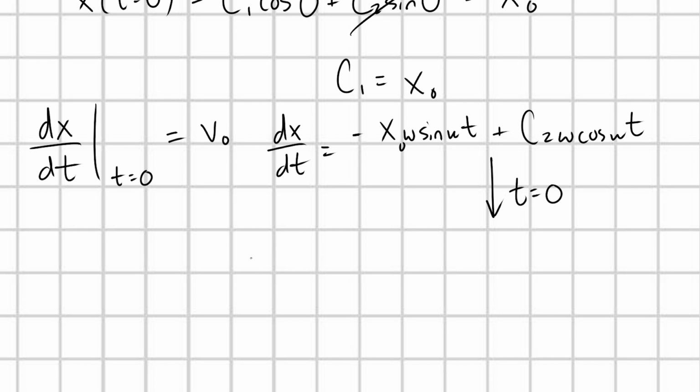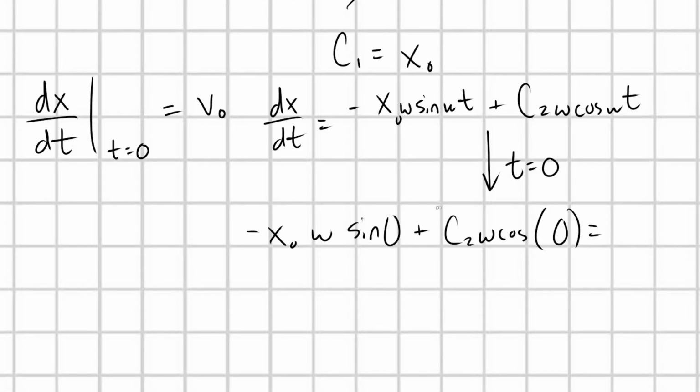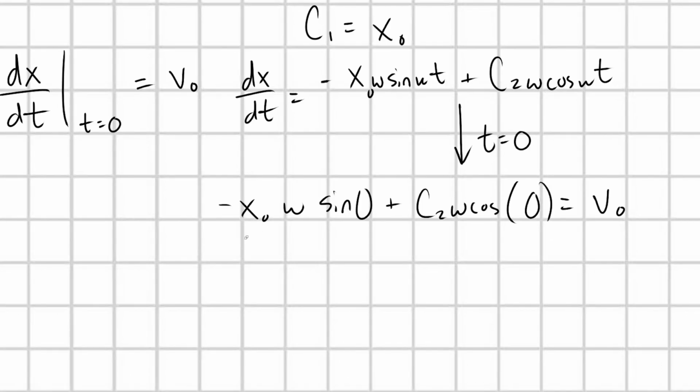And so we have minus x naught omega sine 0 plus c2 omega cosine of 0, and this is going to be equal to v naught. If this zeroes out and this here is equal to 1, then we're left with c2 equals v naught over omega.